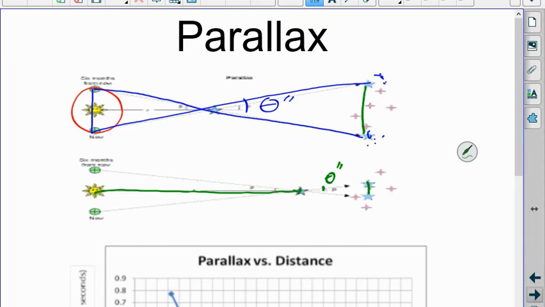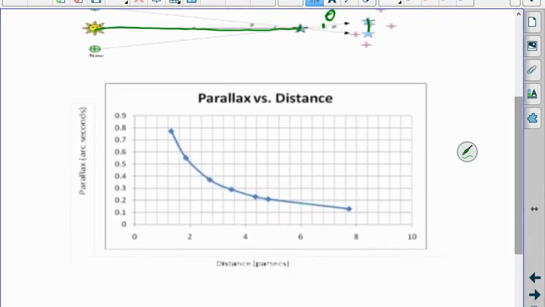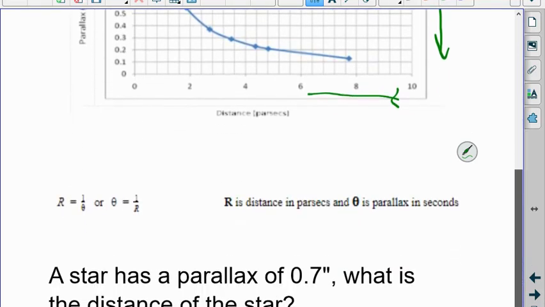But again, you see that the two are in proportion to one another. As the star gets farther, the parallax gets smaller. Once again, an inverse relationship, and the graph shows it right here: as the distance increases, the parallax decreases, okay?